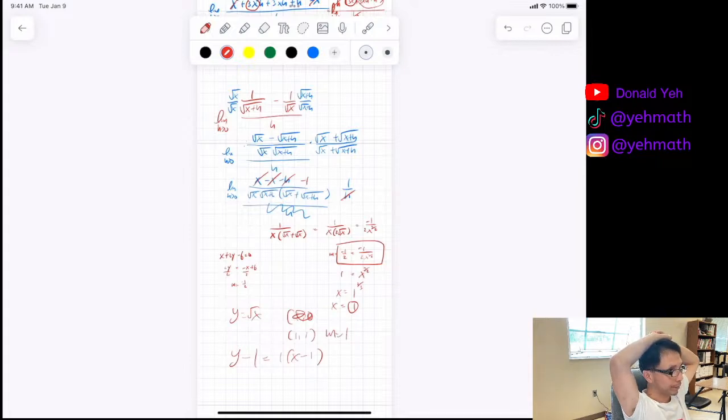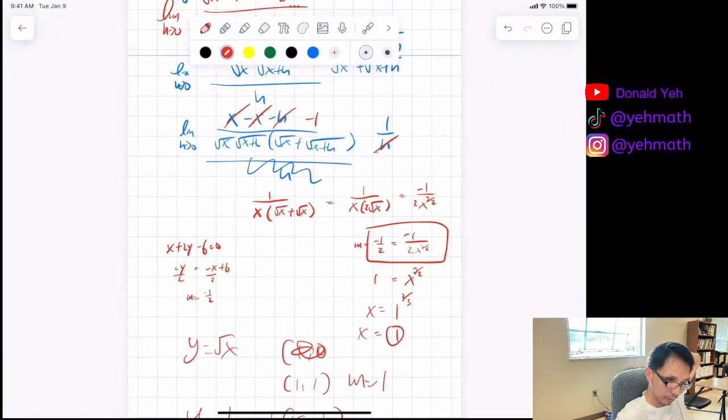Questions? It sounds like the slope is supposed to be -1/2?